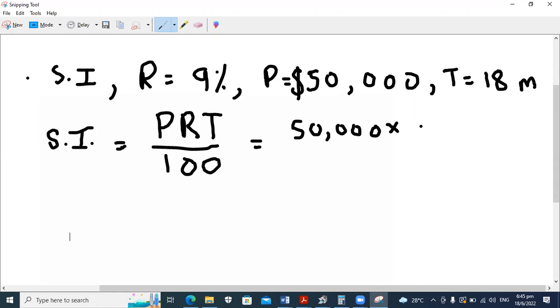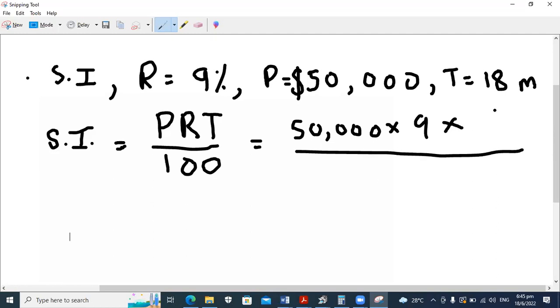So the idea was, what if you want to find the simple interest at a bank when you deposit $50,000 at 9% per annum for 18 months. So we're going to use the simple interest formula. It'd be 50,000 times the rate, which is a percentage, times the time, which is 18 months.